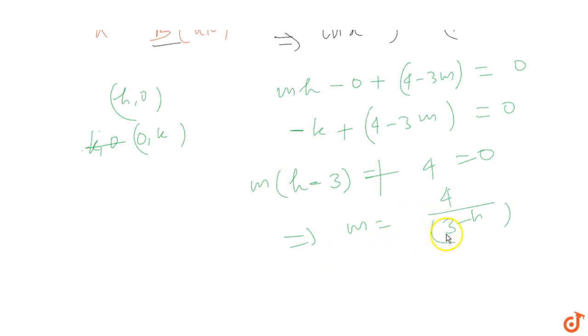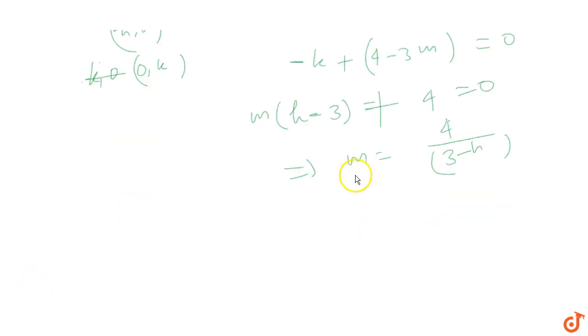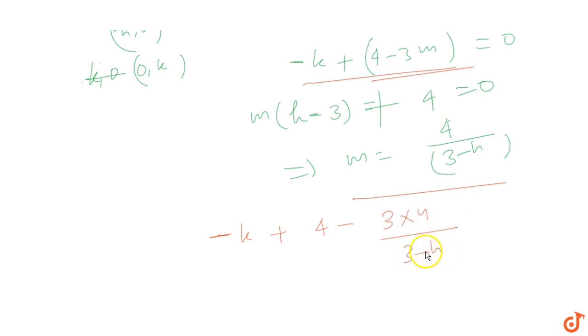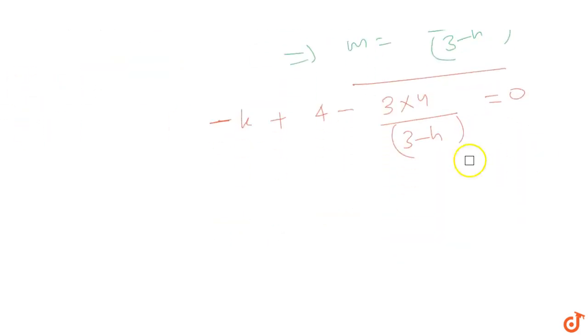Now we would put this m equals 4 upon 3 minus h into the other equation in order to find another relation between h and k. So it would be minus k plus 4 minus 3 into 4 upon 3 minus h equals 0.